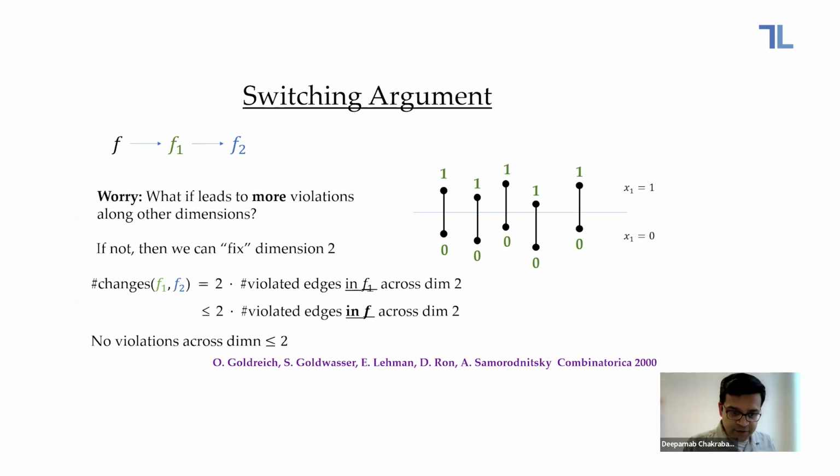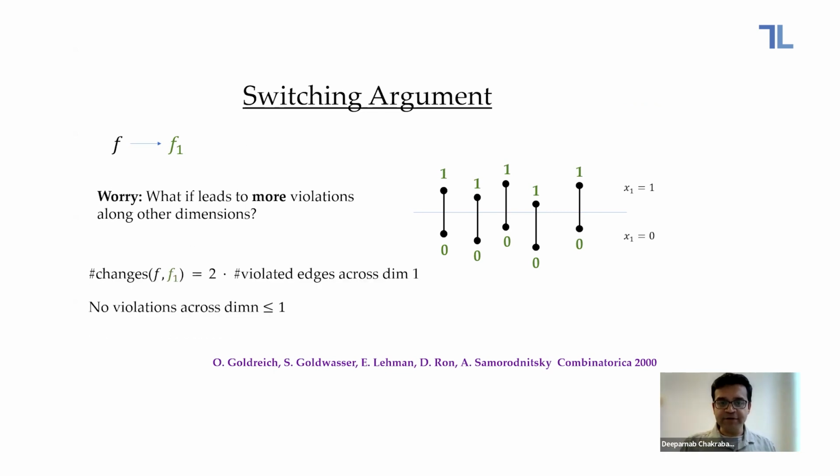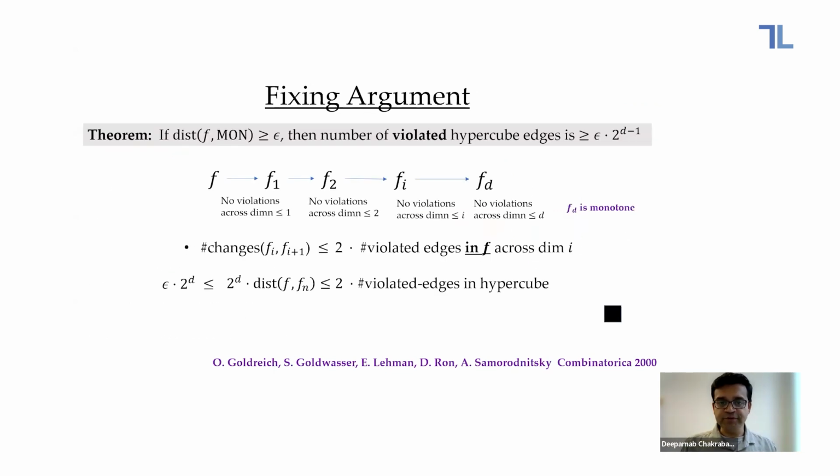So 0 remains 0. This lack of worry leads to both the properties that we needed, and the properties that we needed led to this kind of a proof.